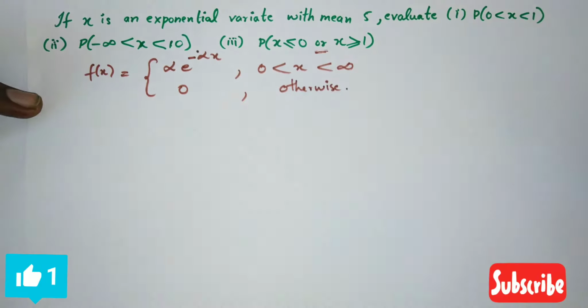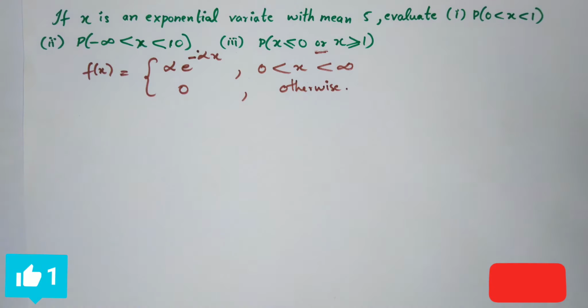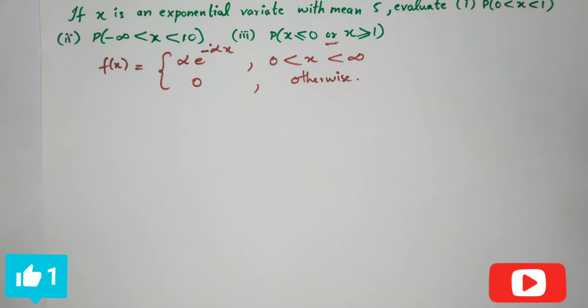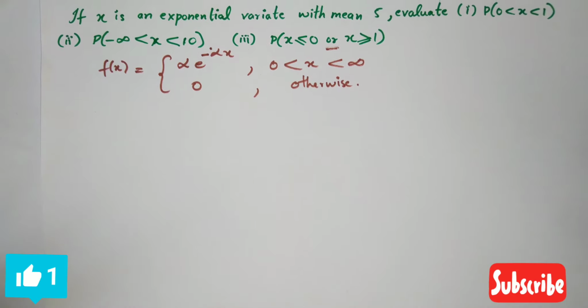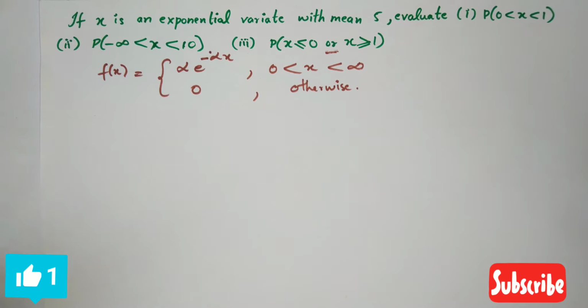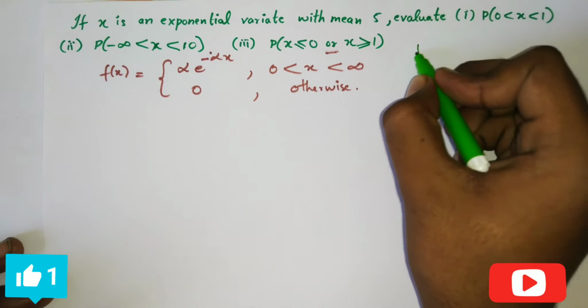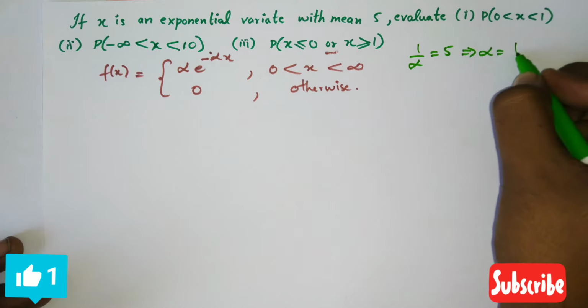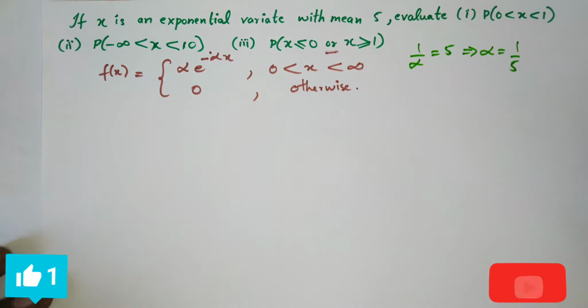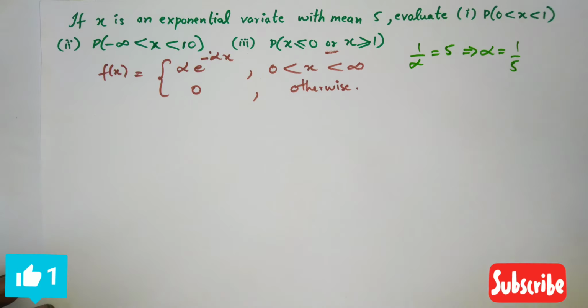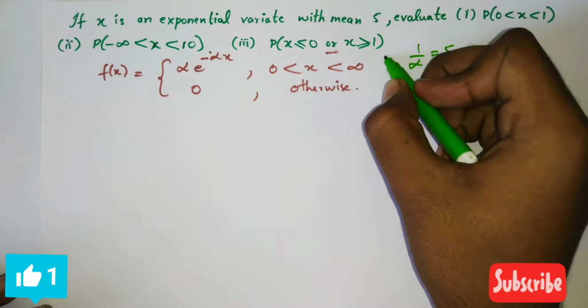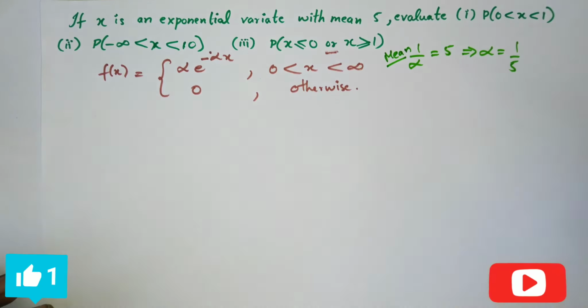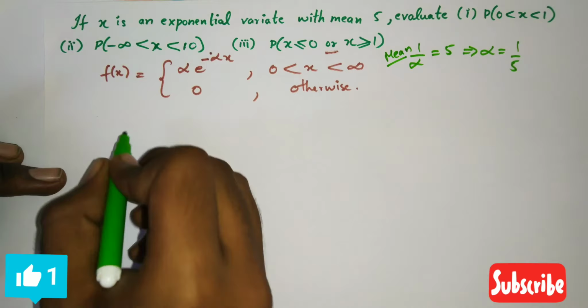Here we need to find α. The mean is given as 5, so 1/α = 5, which implies α = 1/5. Mean is nothing but 1/α, this you remember. So α becomes 1/5.